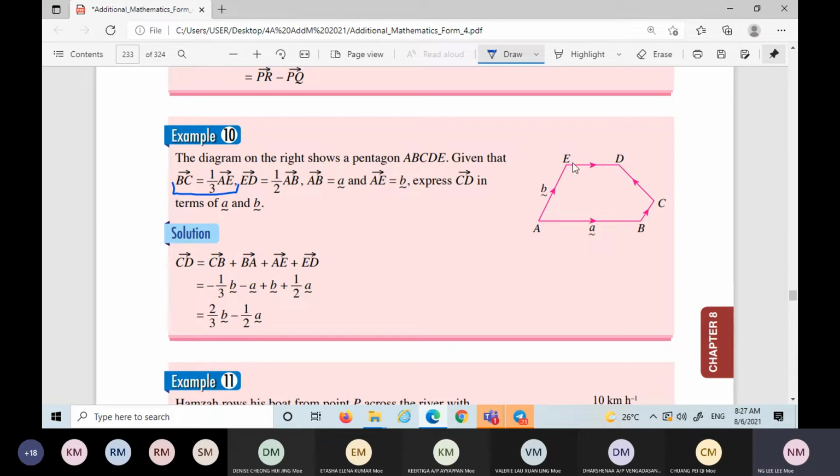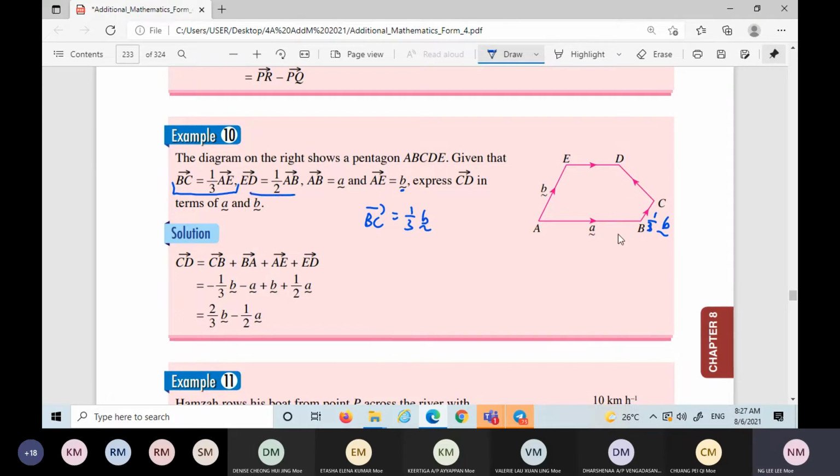If AE is B, BC is what in terms of B? BC is equal to 1/3 of AE, and AE is B, so BC is 1/3B. Write all these small pieces of information on the diagram, no problem.